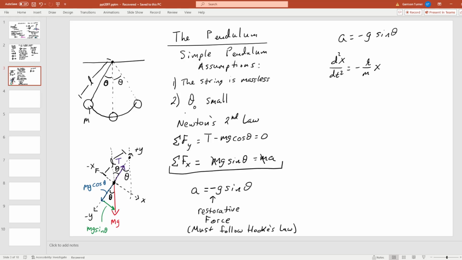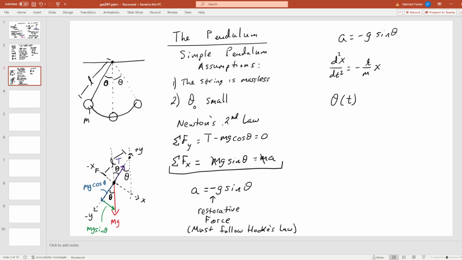And what you can quickly realize is because theta now is the thing that's changing with time, if I think of this problem in polar coordinates, then I don't have to worry about x's and y's. So I need to figure out how to write my acceleration in polar coordinates. And under that model, or that paradigm, now theta is our function of time.